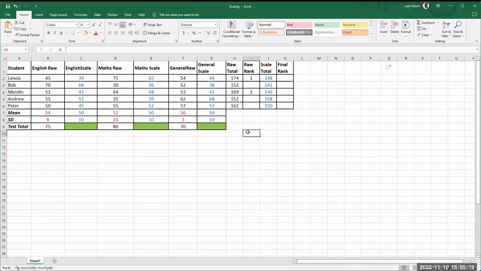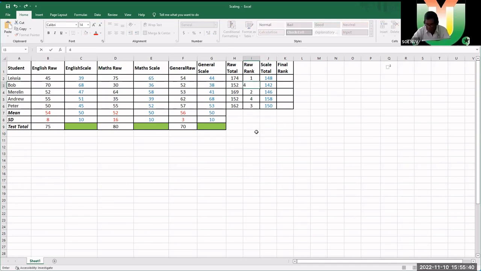Third is Peter, 174 and 19. Peter is the third one. Then Andrew lastly and Bob. Andrew and Bob, or these two.